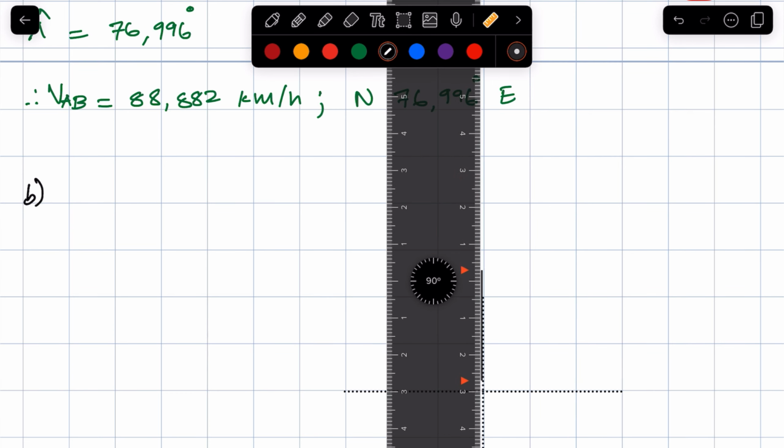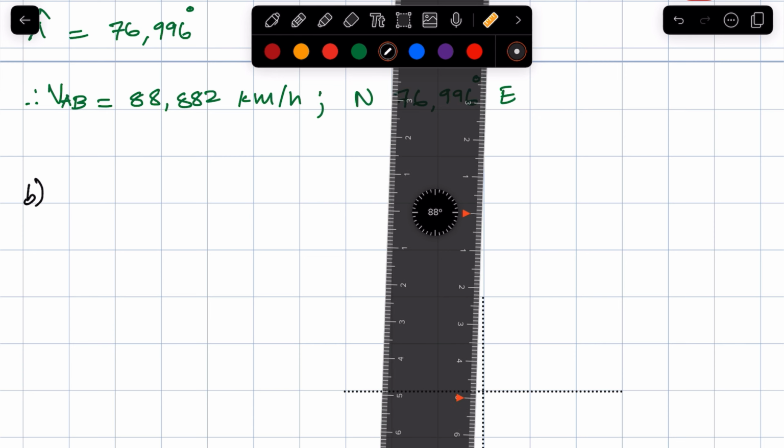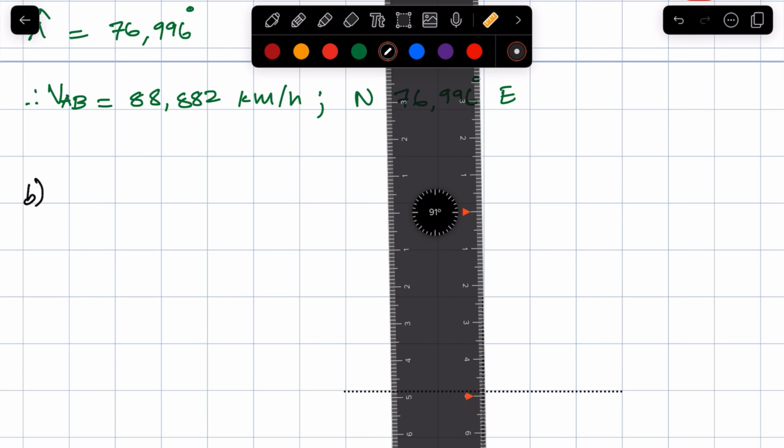We have to draw up b, which is 100 kilometers per hour. Again, remember to use your protractors for this, since we are doing the parallelogram method.